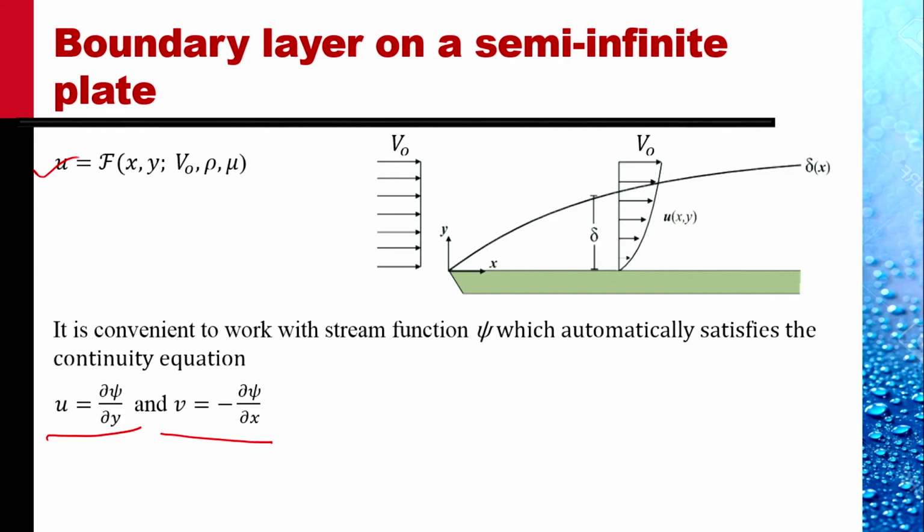This definition of psi automatically satisfies the continuity equation, del u by del x plus del v by del y is equal to 0. So we only have to work with the momentum equation. Here again, we can write psi is a function of x, y, V naught, rho, and mu.